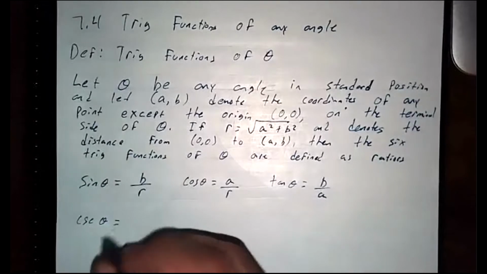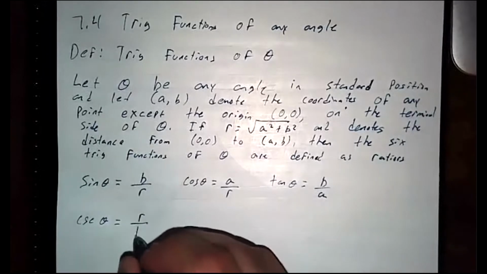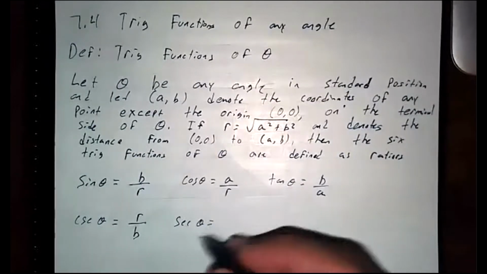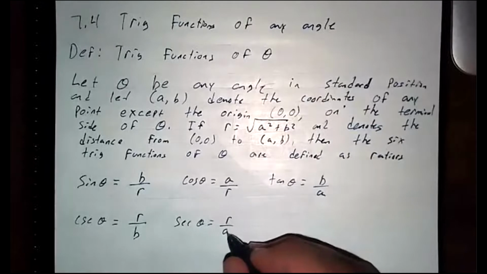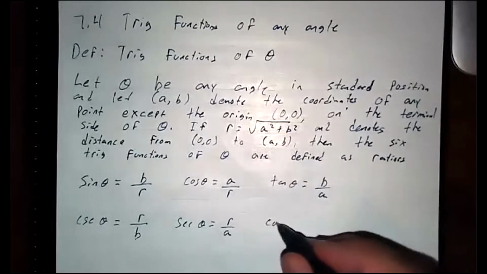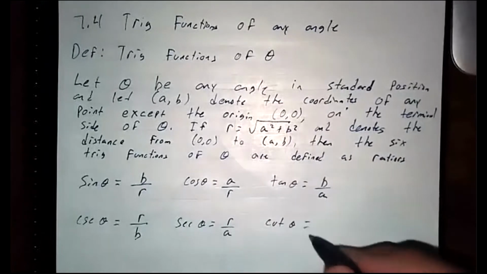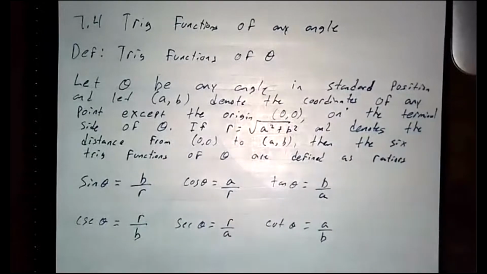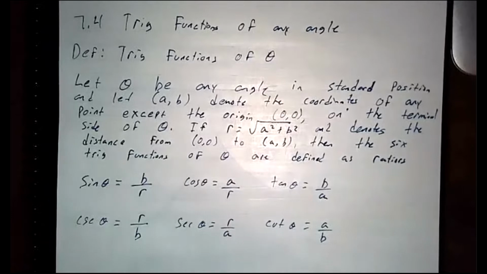Cosecant theta is equal to r over b. Secant theta is equal to r over a. Cotangent theta is equal to a over b. So let me give you a brief picture as to what that paragraph was saying.